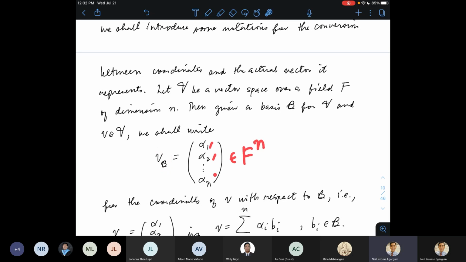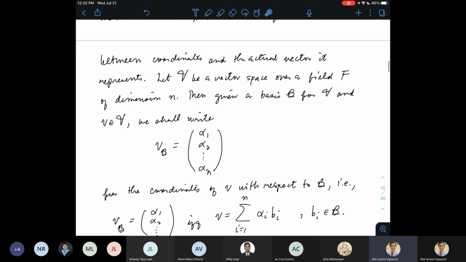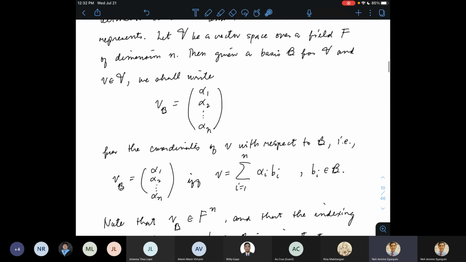Ang laman niya ay mga scalars na nanggagaling dun sa field such that V is equal to the sum of alpha i's, vj's, j going from 1 to n. So kinukuha ko lang yung mga scalars, tinatawag silang coordinates, and I will collect them all into a column vector, element of F to the n. Okay? So, sinulat ko pala siya dito. So yung mga alphas, sila lamang yung scalars dun sa basis expansion ni V. Alright?